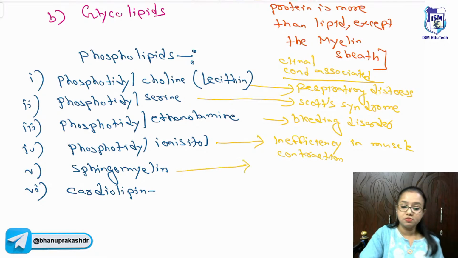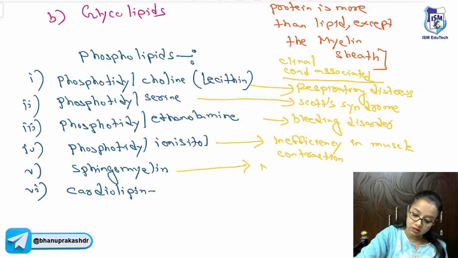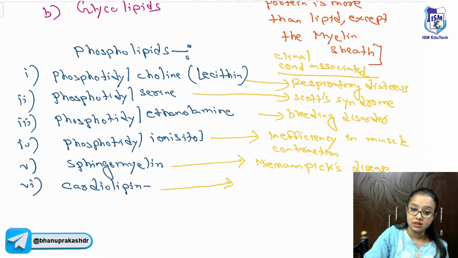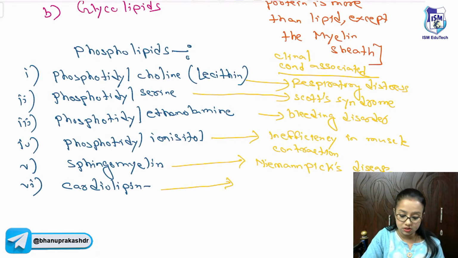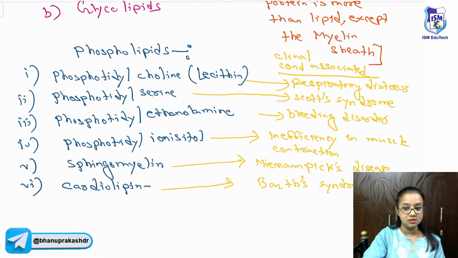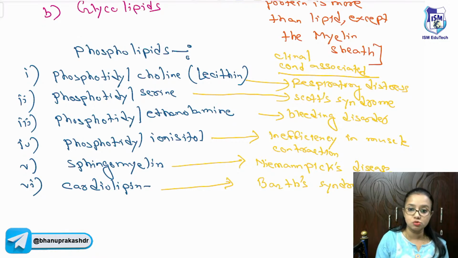Sphingomyelin: if the enzyme sphingomyelinase is inadequate or missing, it leads to a congenital disorder, Niemann-Pick disease. Cardiolipin: if the gene that makes this phospholipid is mutated, it leads to a syndrome called Barth syndrome. So this is just an example of a few diseases that we should get used to.